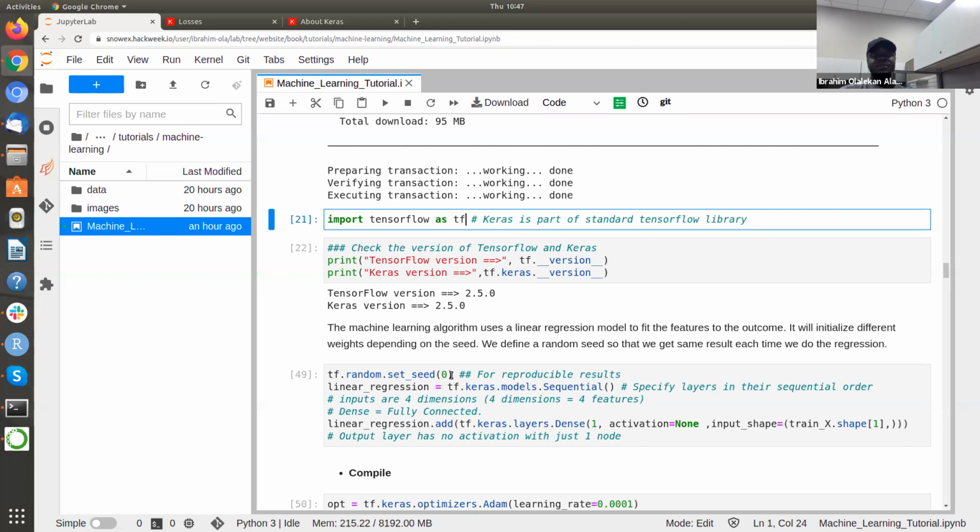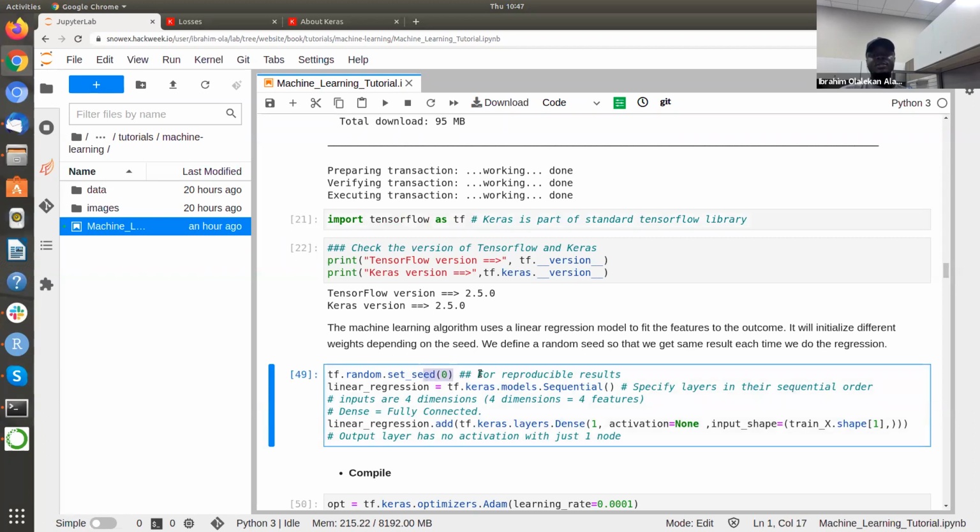The advantage of the seed is to always have the same results every time we run the model. Since the weights are initialized randomly, if you want a reproducible result, it is always good to set your seed. By setting the seed, it uses the same initial weights every time you run your model, and with that, you always have a reproducible result.